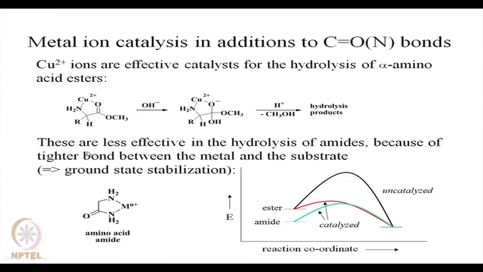So, these are less effective in hydrolysis of amides because of the tighter bond between the metal and the substrate, because it is ground state stabilization. So, the uncatalyzed reaction requires more energy, but for the catalyzed reaction, for your ester, or maybe for your amide, it is less effective for the amide because of the tighter bond between metal and substrate.